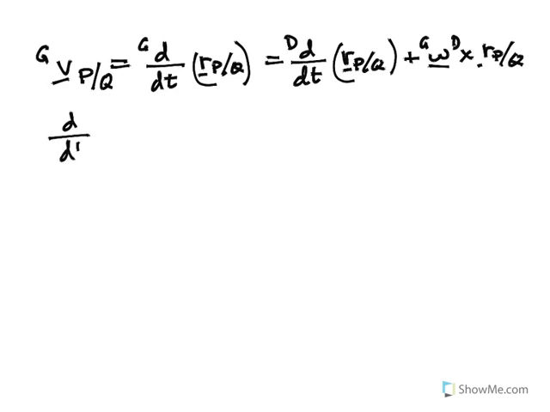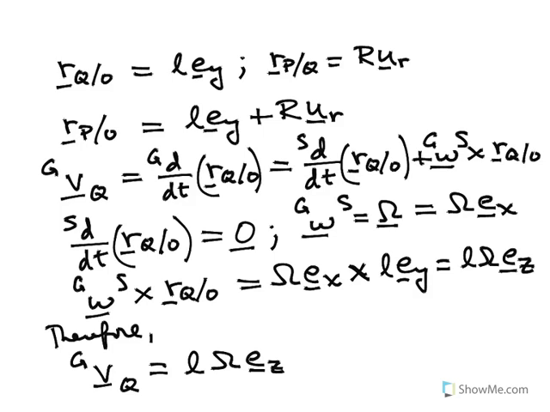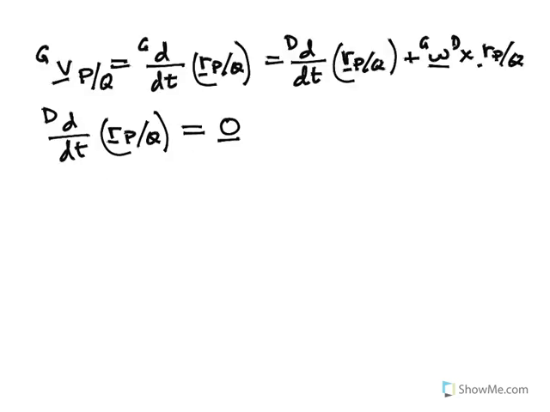Now d dt in D of the position of P relative to Q is equal to 0, because if you look back at the position of P relative to Q, it's expressed in a coordinate system that's fixed in the disk.